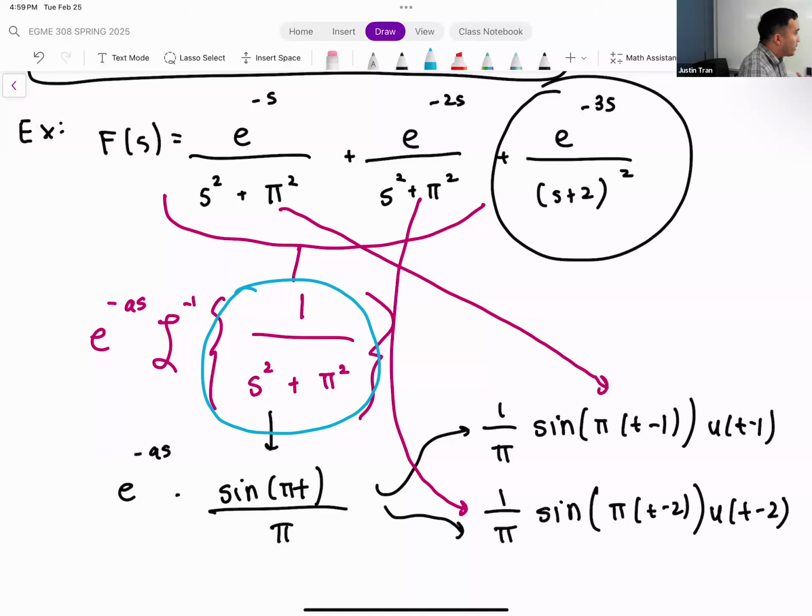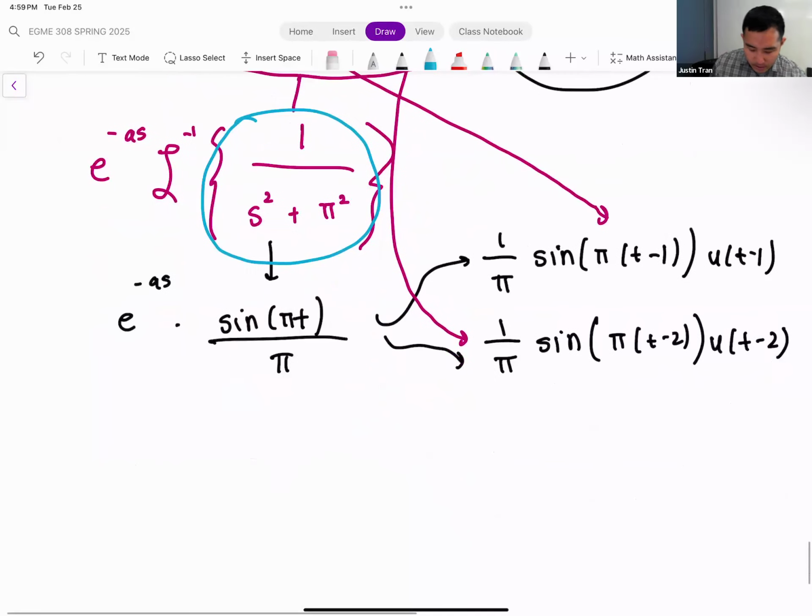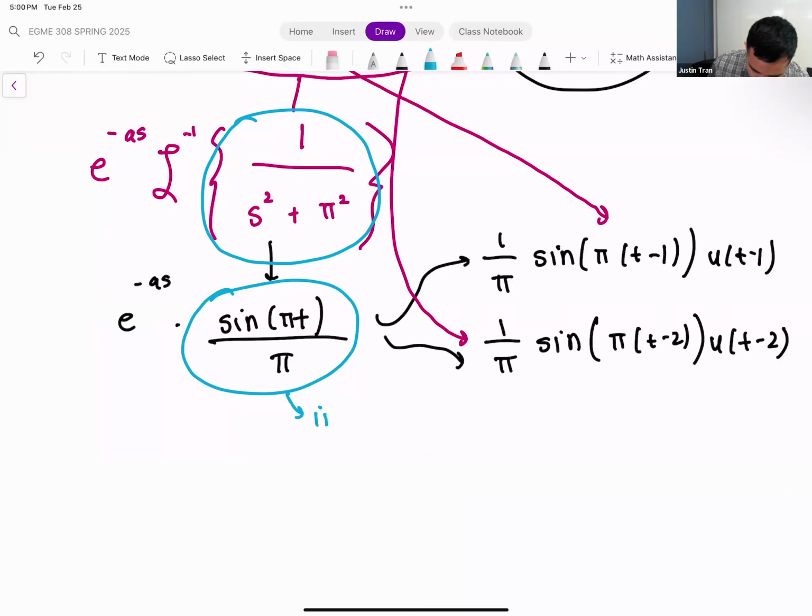And so what I did here was I first took the inverse Laplace of that base function. So this 1 over pi sine of pi t is the inverse Laplace of the base function. Right, so ignoring any shifts, that's the inverse Laplace of that.